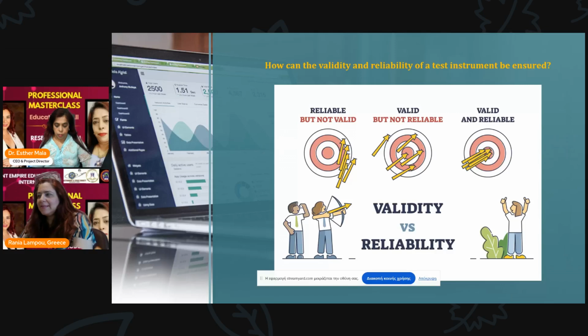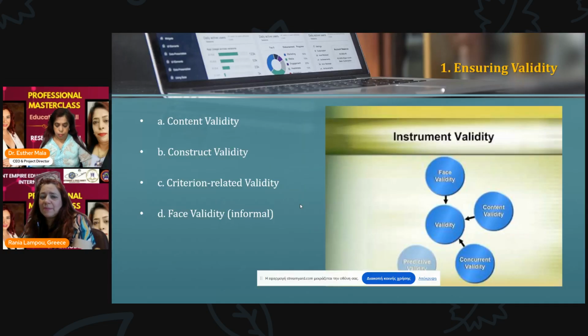How can the validity and reliability of a test instrument be ensured? Ensuring the validity and reliability of a test instrument is crucial in, for example, educational assessment and research evaluation, and how this can be addressed.